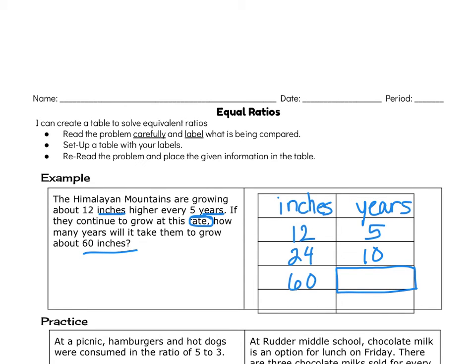I can continue in multiples of 12 until I get to 60, or I can decide 12 times something is 60. And then I would just multiply this one times that also. So if you think about it, 12 times 5 is 60. So 5 times 5 is 25. So if it keeps going at the same rate, it's going to take 25 years for the mountains to grow 60 inches.